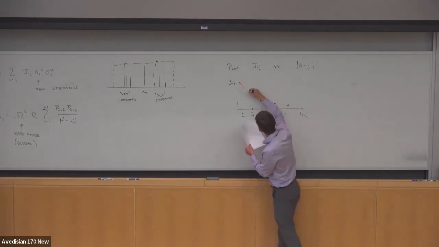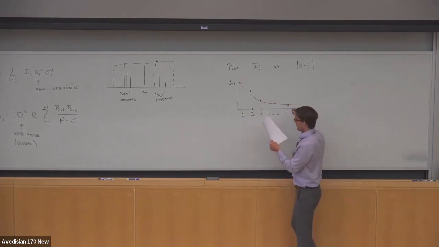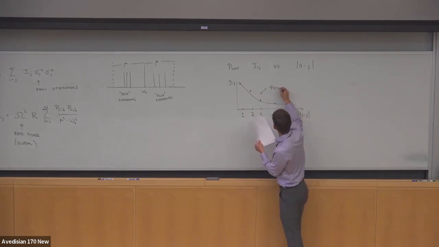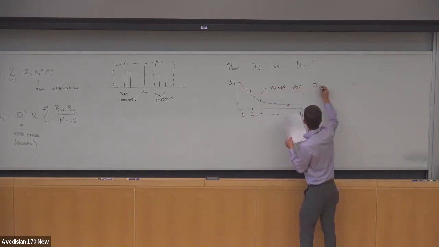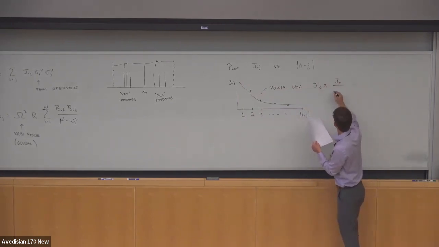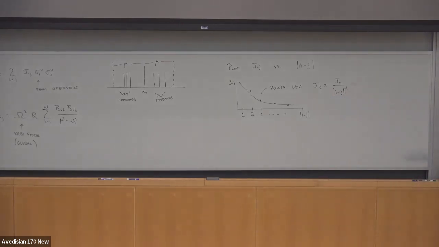For instance, I can draw a line like that. And notice that that line is a power law: Jij is approximately equal to some overall scale, J0, divided by the distance, i minus j, to the alpha power.